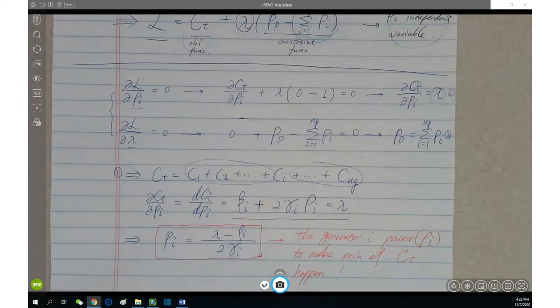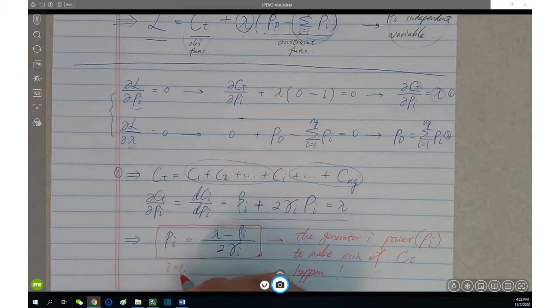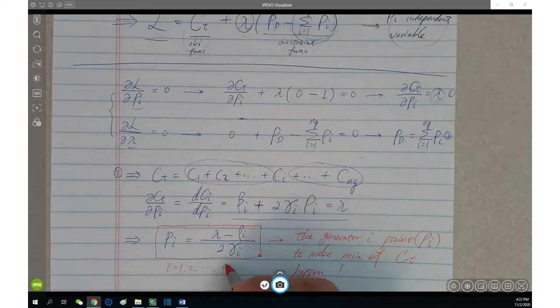Your generator I generates how much power to make the minimum value of the objective function happen? This amount. Of course, I is going to vary from 1 all the way up to n sub g, right?